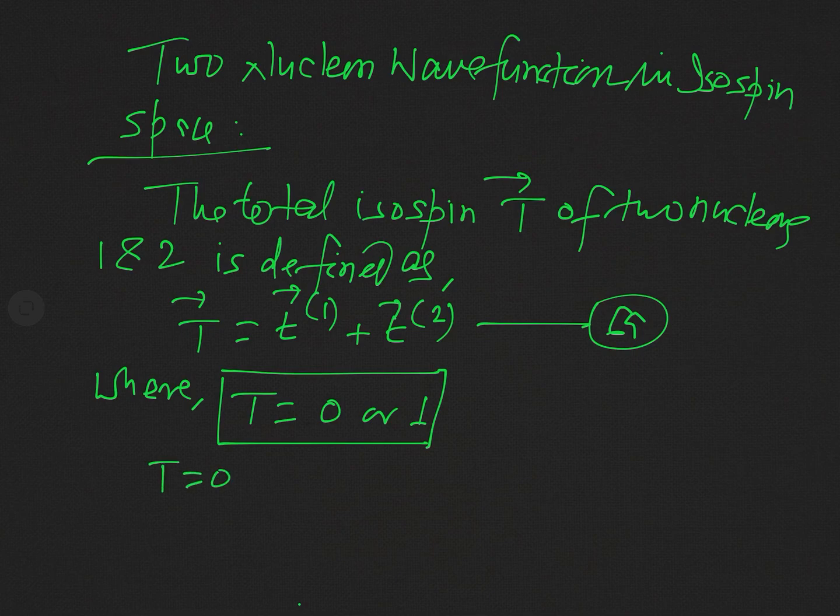When T equal to 0, it implies the spin states of the two nucleons are anti-parallel, that is, spins are not aligned. And T equal to 1 implies the spin states are that of parallel spin. So this total isospin has two values, one is 0 and another is 1.